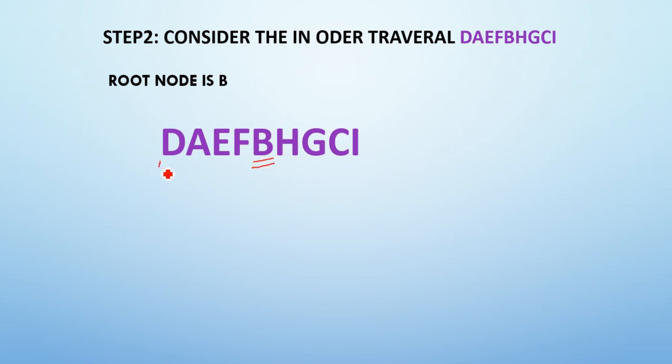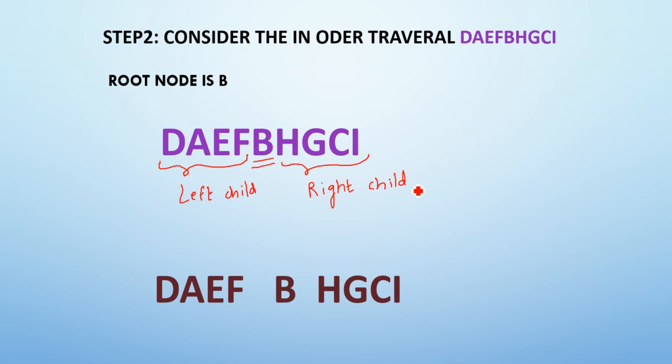So whatever is there towards the left of the root node will be your left child of the root, and whatever is there towards your right, that will be your right child. So something like this.